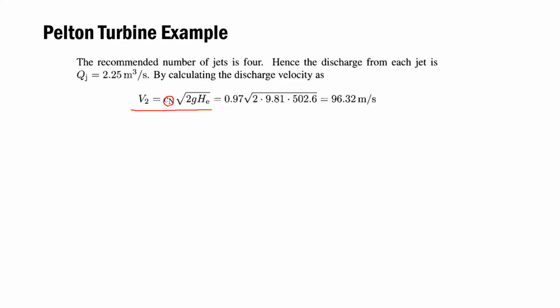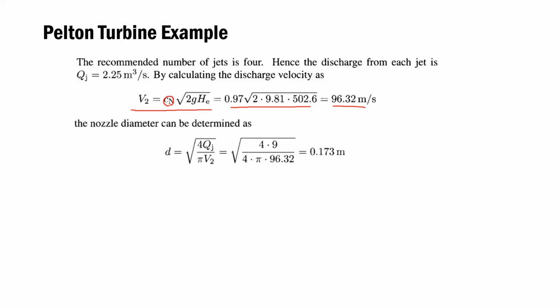All these parameters we have the values for, so we plug in the values, and we will get V2, the discharge velocity, equal to 96.3232 meter per second.